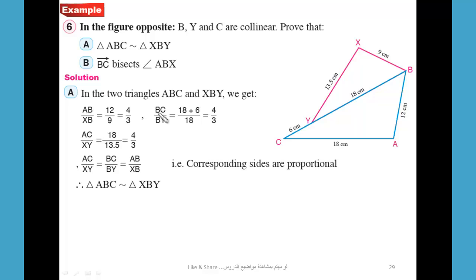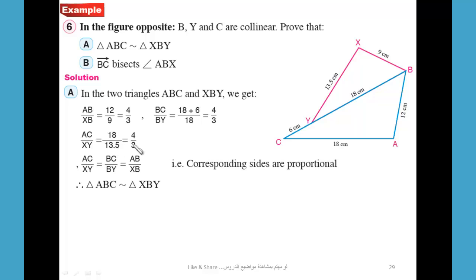The second side here is the greater one, BC over BY. The greater side here equals 24 over the greater side in the second triangle, 18. And we write the third one, the middle in range, AC over XY, 18 over 13.5, all equal 4 over 3.